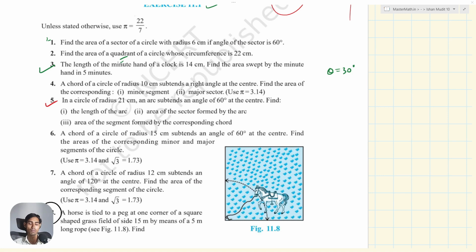So the first one, the length of the arc is 22 centimeters. Continue, let me check. That's correct.